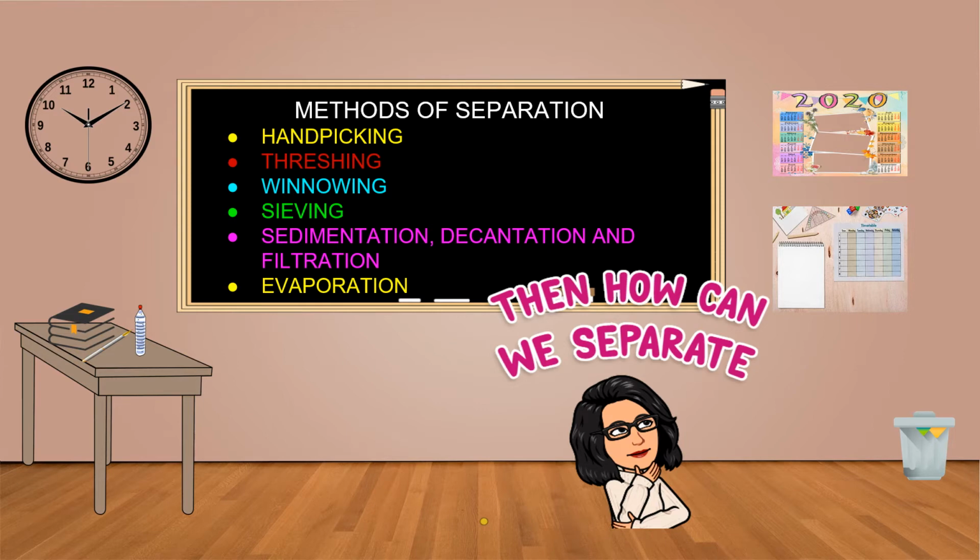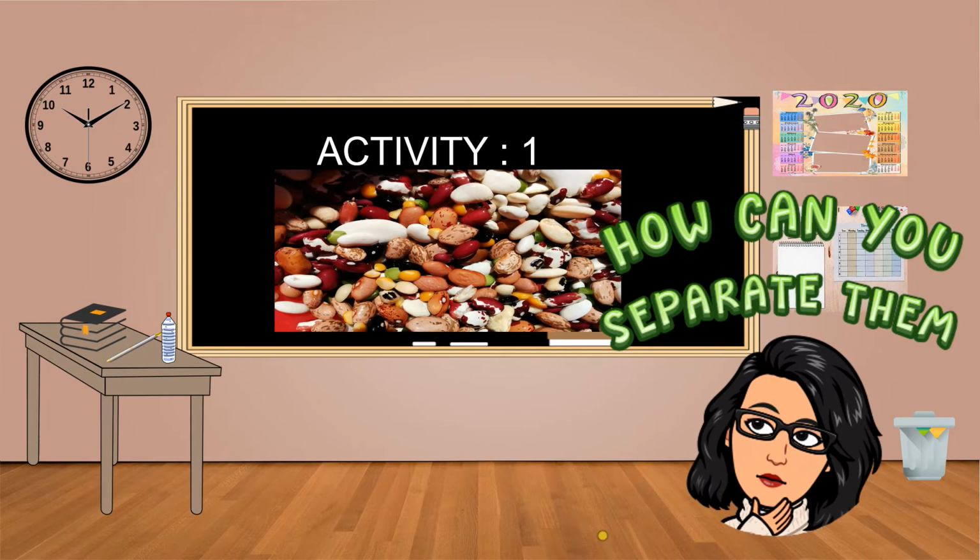First, handpicking, threshing, winnowing, sieving, sedimentation, decantation and filtration. Students, yes, all these three processes are used simultaneously. And last but not the least, evaporation.